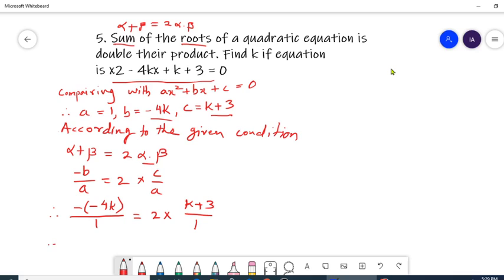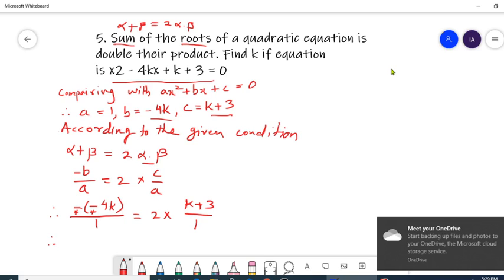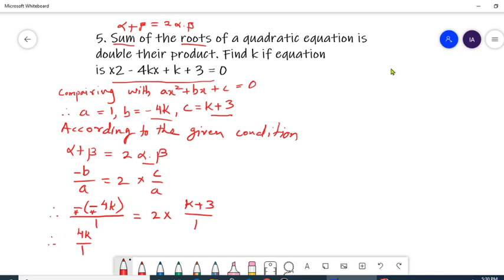Here this minus will multiply with this minus and become plus. So this entire term will become 4k upon 1, is equal to, this 2 will multiply with k plus 3. So 2 into k, that is 2k, plus 2 into 3 will give you 6. 2k plus 6 upon 1.